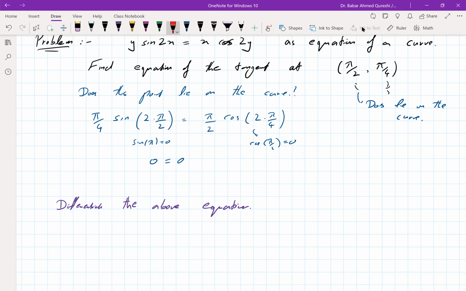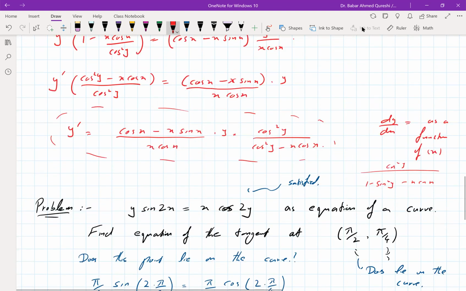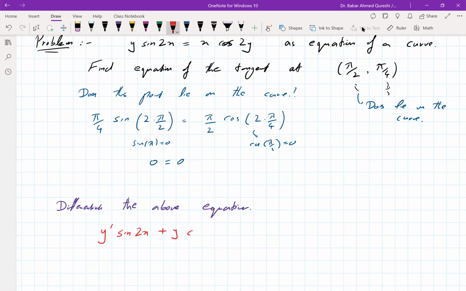I get y dash sine 2x, then y as it is, cosine of 2x times the derivative of what's inside, which is 2, then cosine of 2y, plus x as it is, minus sine of 2y times the derivative of what is inside, which is 2y, so that derivative is 2y dash.